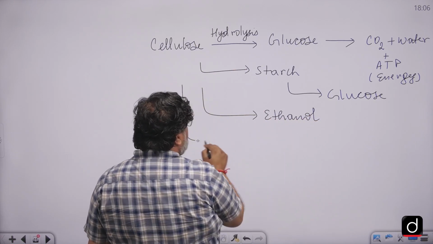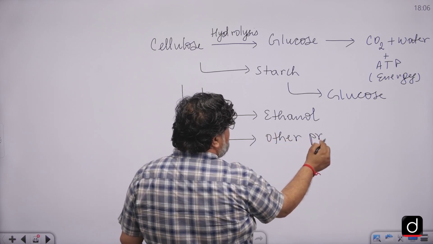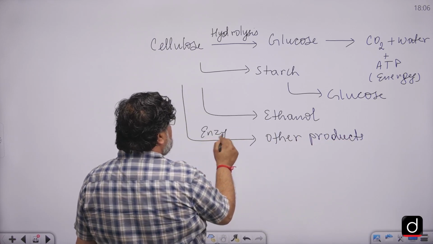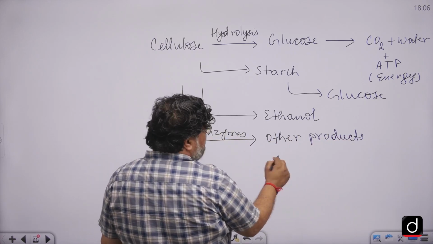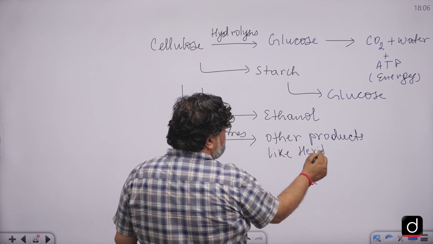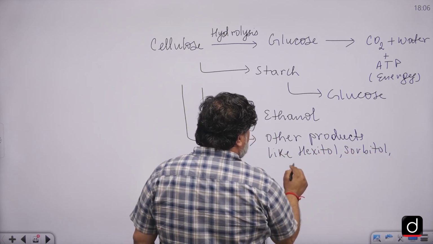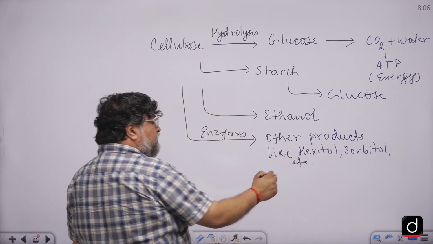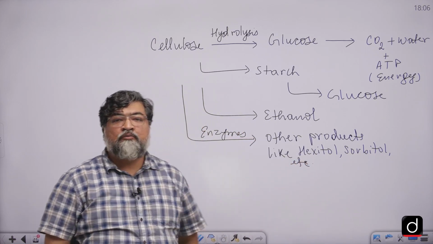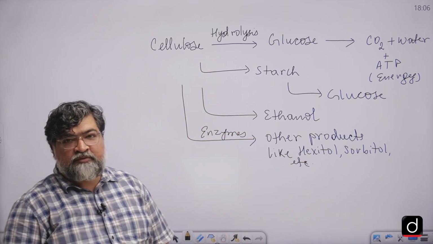Or the plant can convert it into other end products by using different types of enzymes, like the hexitol I mentioned or some other kind of material. So all this you have already mentioned in the body of the answer, and that is sufficient.